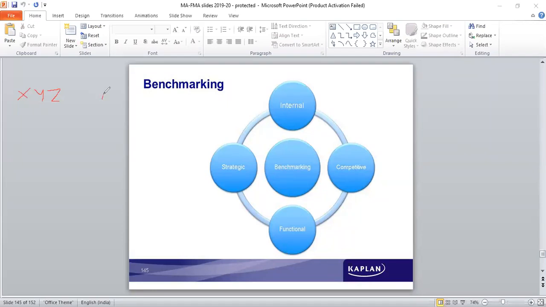If there is another entity called as ABC, now ABC performance will be measured or compared with the performance of XYZ. So individually, each of them, their performance will be mentioned. Whatever are the tools which are used, those tools are taken into consideration, and the performance is measured.